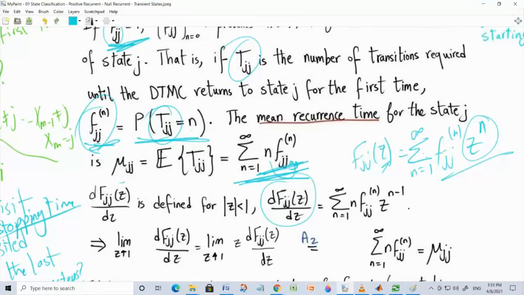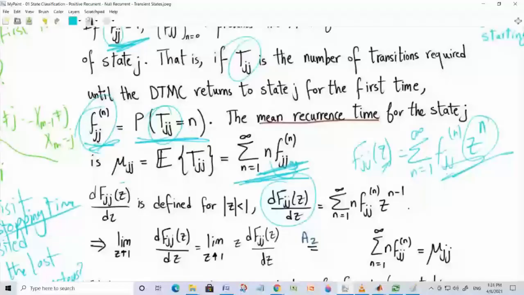Well, for those of you who took the signals and systems course, or know this already for power series from any math course: if you have a power series, and this is indeed a power series, it has a region of convergence, and here the region of convergence is basically the unit circle in the z plane.